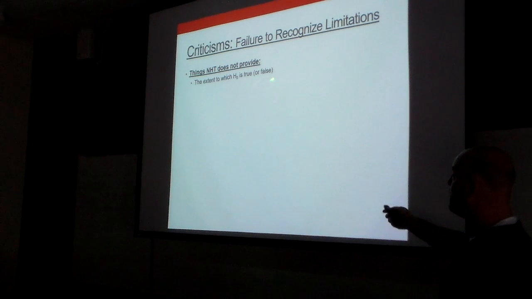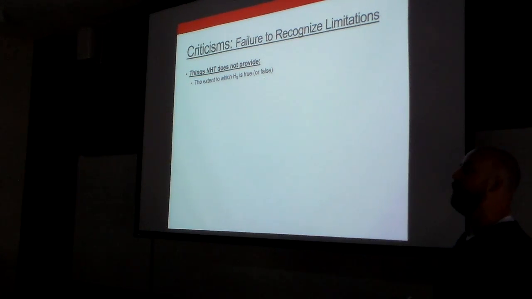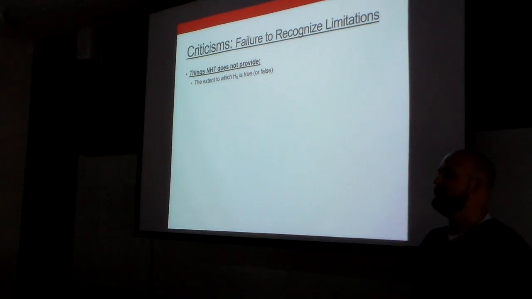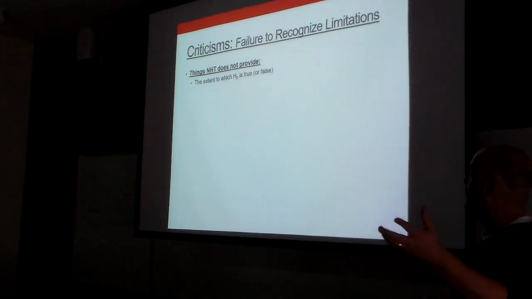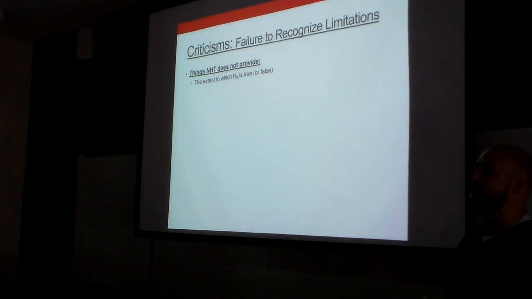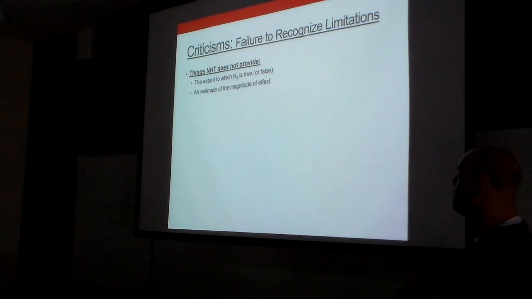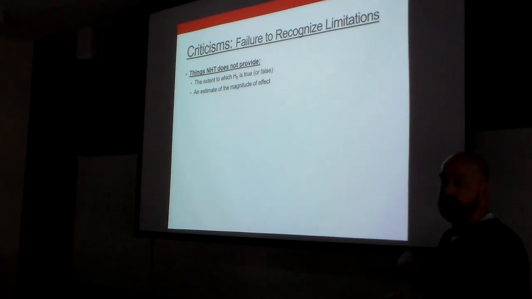So it's not that my p-value is less than 0.001 so my null hypothesis is way false. Nope. That's a direct function of your sample size. Same thing: my p-value is 0.55, so that means it's super true. Not the case.